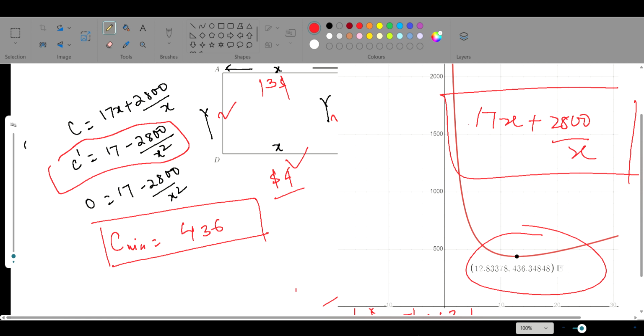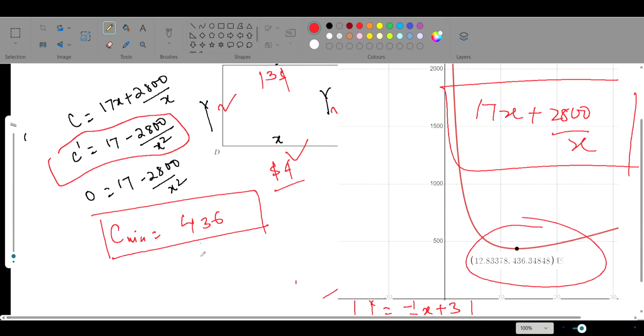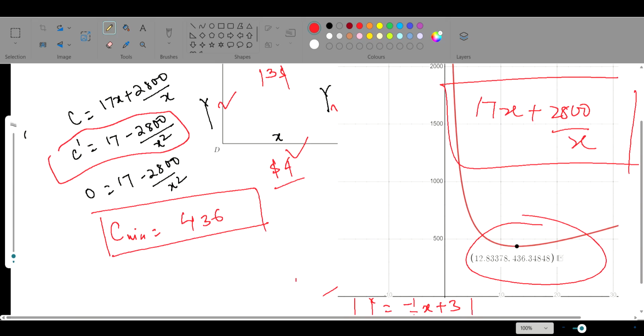This is a paper 2 question. You're allowed to use the calculator in this question. Otherwise, finding the value would be very complicated. So you can use the calculator.